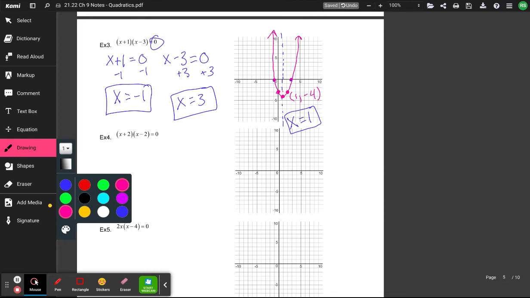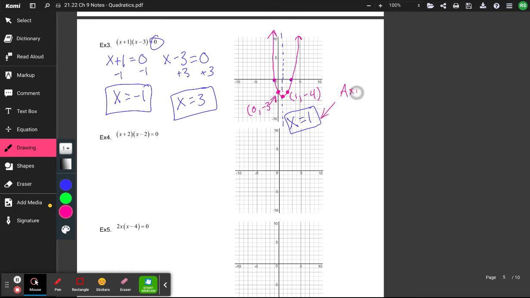So we're working on sketching our parabolas today using our x-intercepts, our vertex, and our axis of symmetry. So I'd like to see two things labeled. I'd like to see the vertex. I'd like to see your y-intercept if you are able to plot that. And then I'd like you to write your axis of symmetry as well for the practice. You are solving algebraically for the x-intercepts.